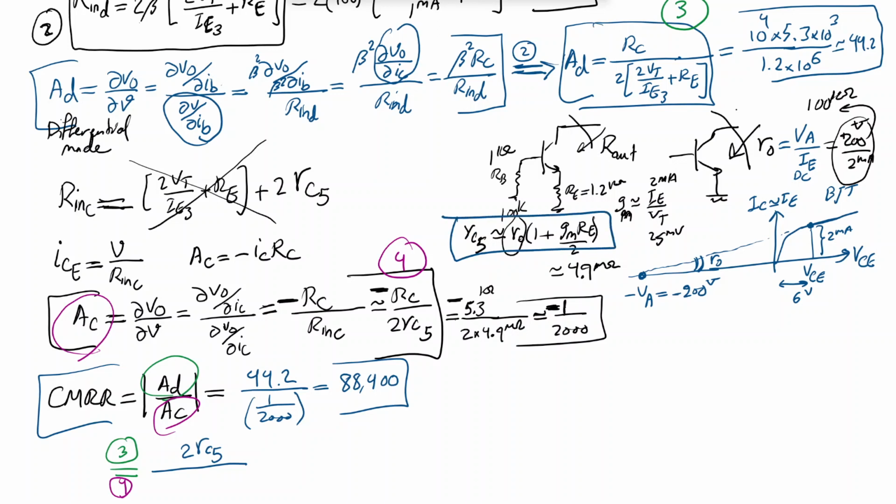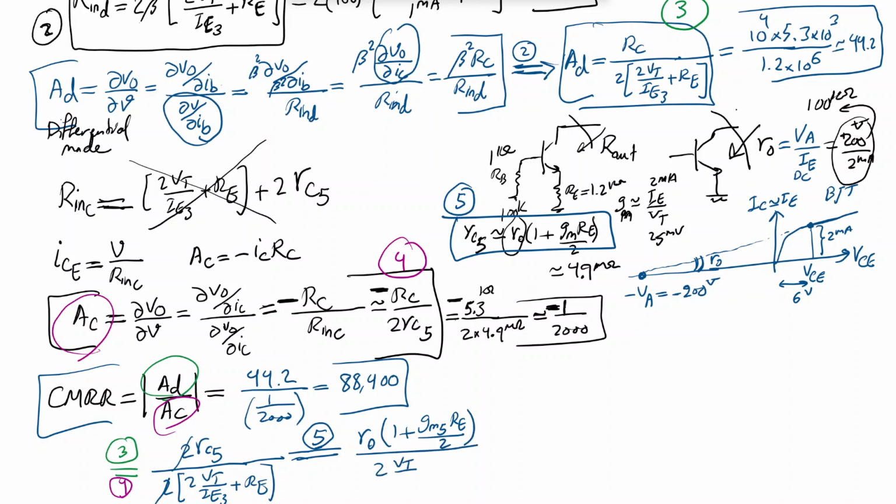This is equation, say, 5. So 2 times RC5 divided by 2 times VT over IE of DC3 plus RE, and then the 2s cancel out, and substituting RC5 using equation 5, in this example it roughly becomes just RO of the BJT times 1 plus GM of transistor 5 in the current source transistor, RE divided by 2, and then divided by 2 times the thermal voltage of the PN junction at room temperature, RE.